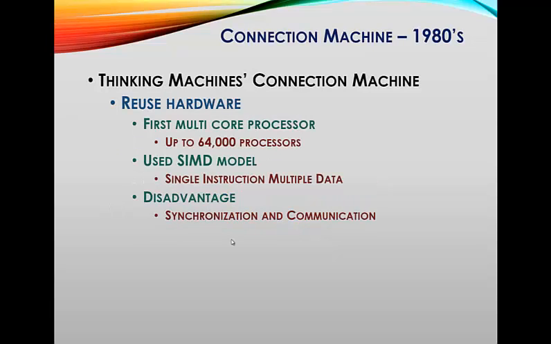In the 80s, there was a corporation called Thinking Machines that came up with a very interesting design that was used in the Connection Machine. It was a relatively simple concept that led to the revolution in today's parallel processing and parallel computers. They used very, very simple processing units and combined them together to create a bigger processor that could theoretically perform better than the sum of its parts.